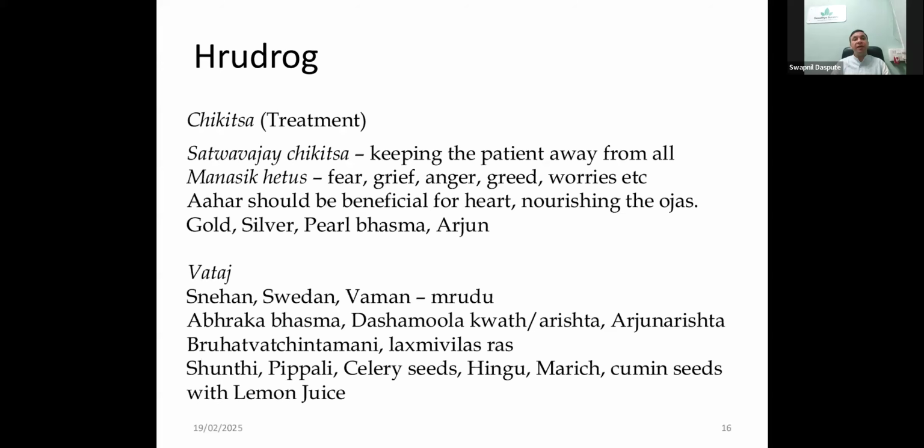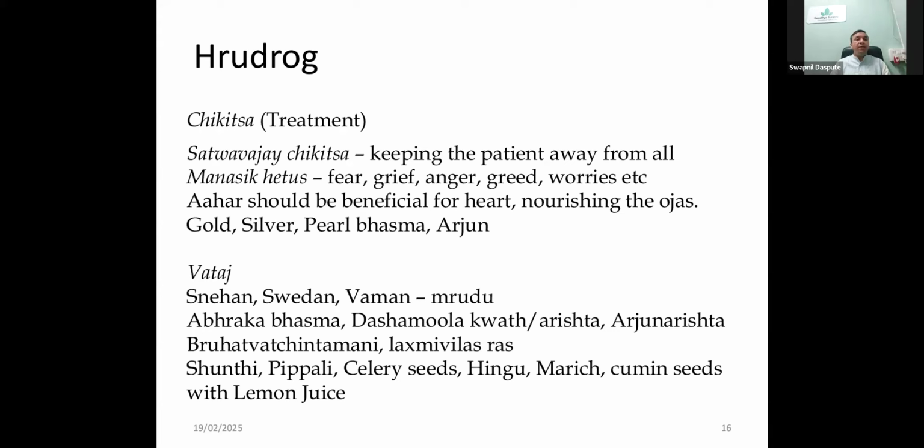So when there is cardiomegaly or laxity or weakness in muscles, that time Arjuna will help tremendously. So Arjuna Kshirapak, milk which is medicated with Arjuna, will help in cardiomegaly better than anything else.